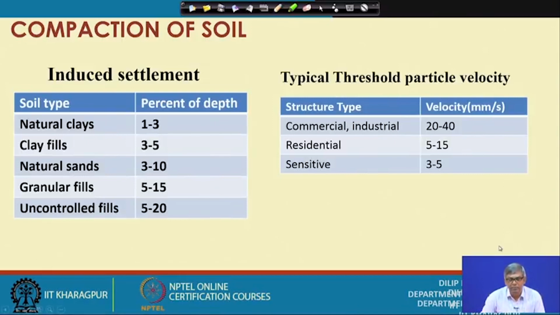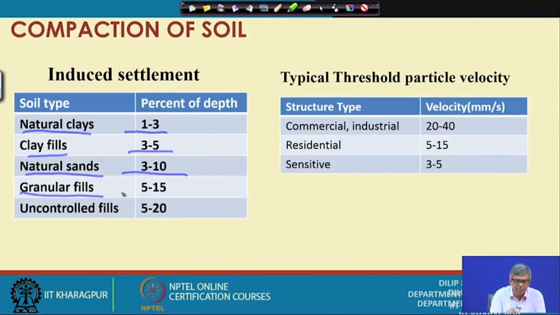And these are a few things. You can see the induced settlement. How much is permitted? Natural clays 1 to 3%, clay fills 3 to 5%, natural sand 3 to 10%, granular fills 5 to 15%, uncontrolled fills 5 to 20%.